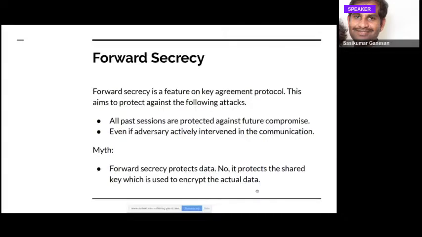So remember that it has to be in memory and completely removed from memory itself, so that key is not available. Remember, it's not that forward secrecy protects your data, but it protects the actual shared key between these two entities, so that a compromise somewhere in the future will not result in the data or the transaction in the past being compromised.